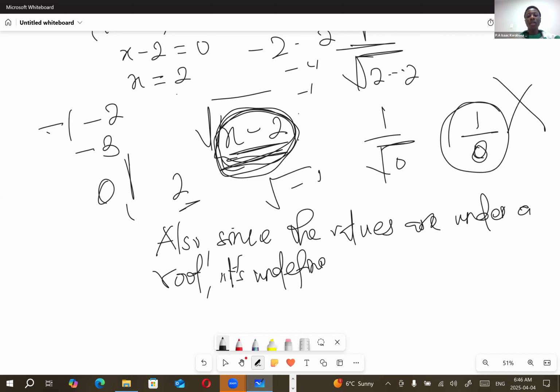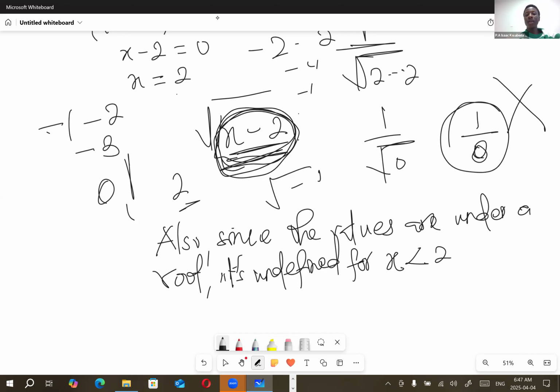That's why you can talk in a language you understand. It is undefined for values of x less than what? Less than 2. Do you understand?